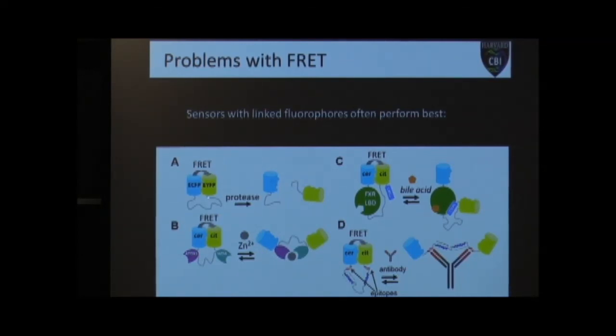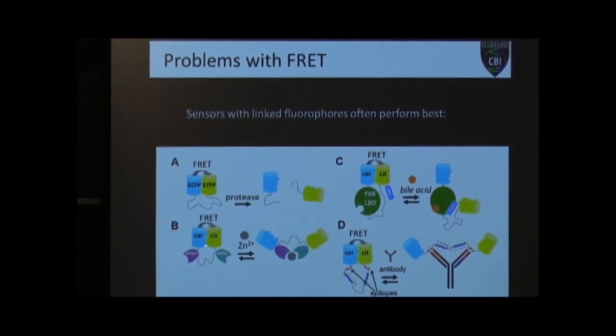There's a number of FRET sensors or FRET probes out there where it's just two fluorescent protein molecules that can FRET, joined by a polypeptide linker. The assay is that there's some sort of protease that's expressed in the cell if something happens. This cleaves a site in between these two, and you no longer get FRET. Okay?